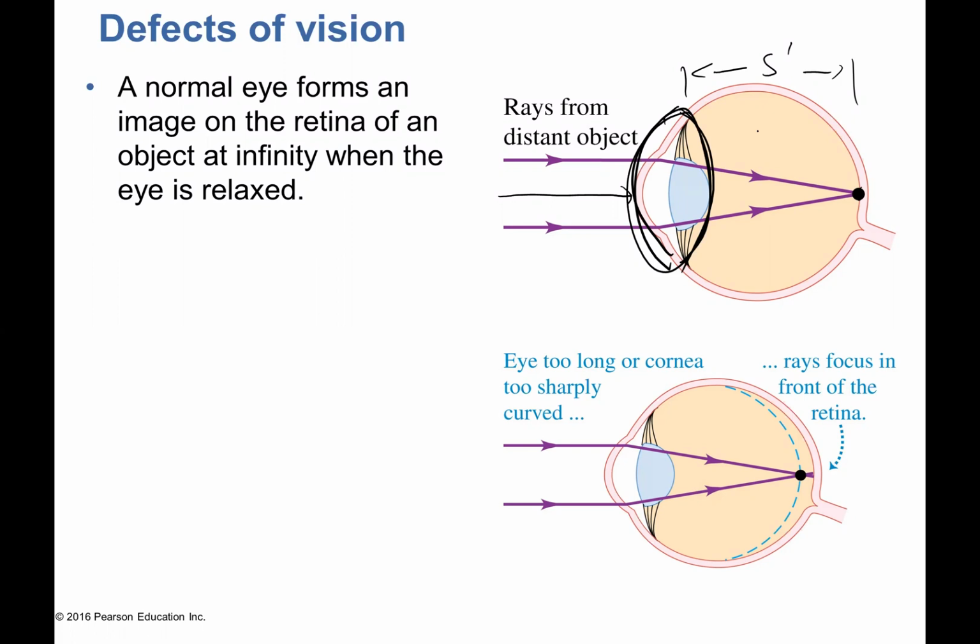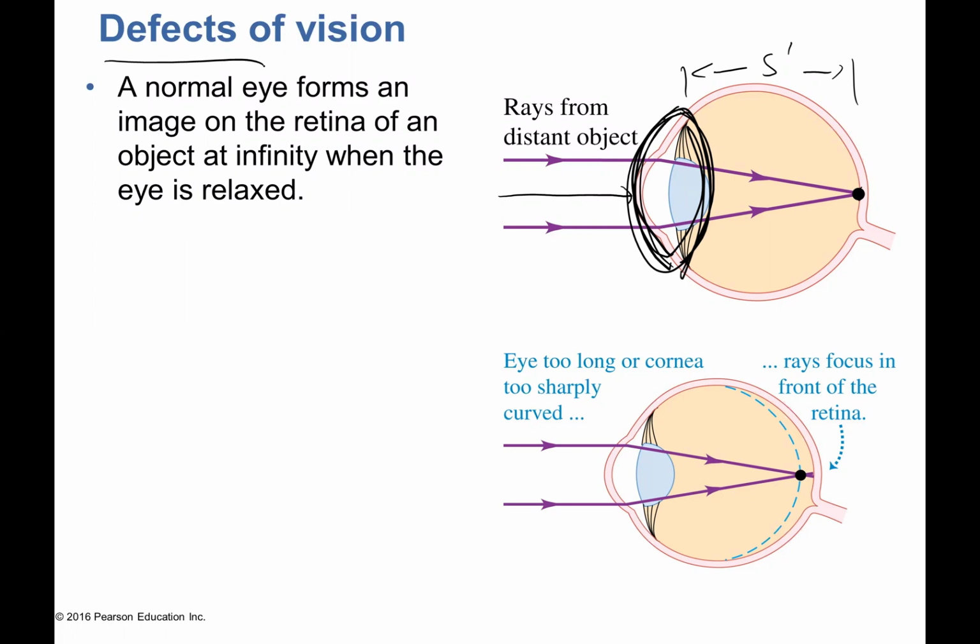So in a normal, healthy eye, the image will be formed on your retina. That means your eye lens is able to accommodate, that means bulge a little bit or become thinner, so that the image is created on your retina. But then you have the defects of vision, which is when your eye lens cannot accommodate.